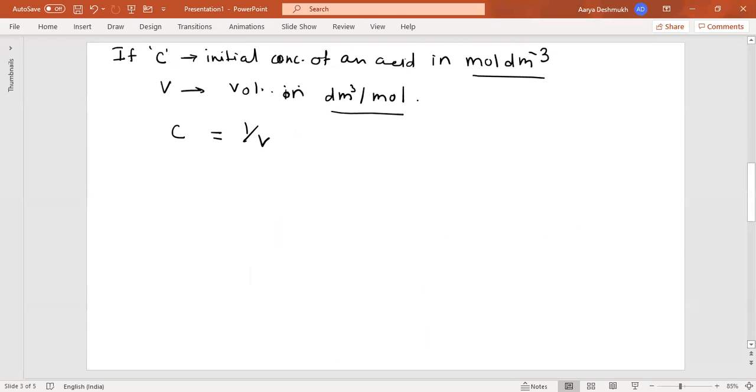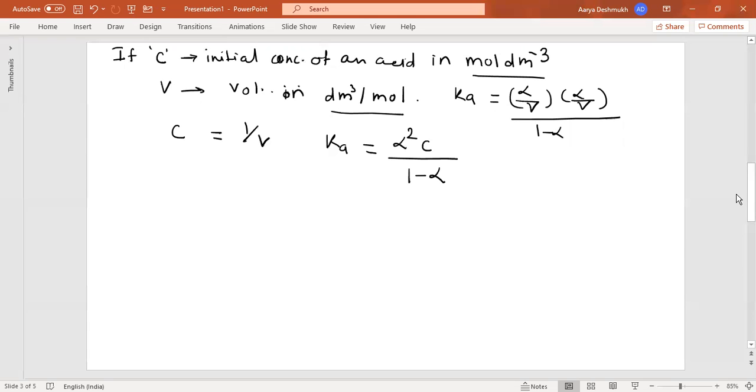So you can get your equation Ka equals alpha square into C divided by 1 minus alpha. For your convenience, I'll write this equation number 3 again on this slide itself. What is this equation number 3? Ka is equal to alpha upon V into alpha upon V divided by 1 minus alpha divided by V. We have substituted the concentrations.